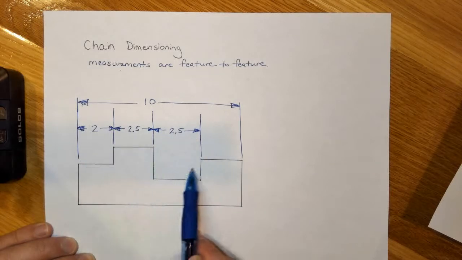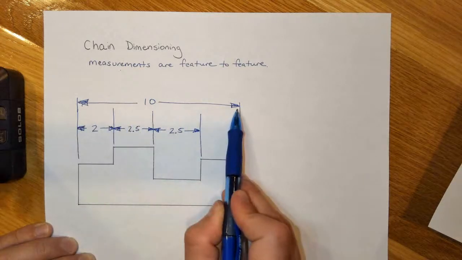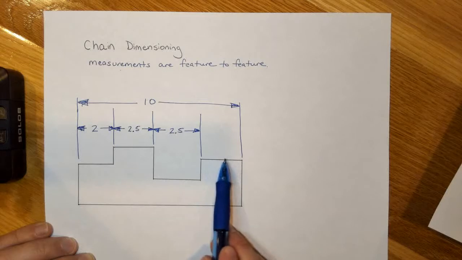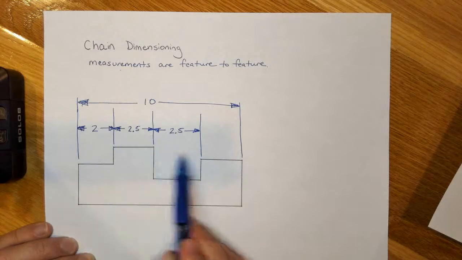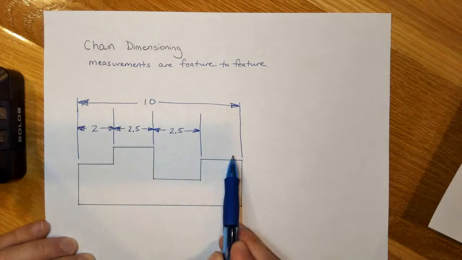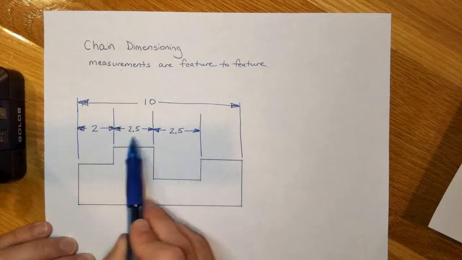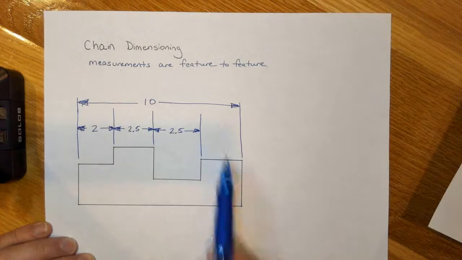Somebody manufacturing this part, if they get all of these dimensions right, and they get the overall dimension of 10 correct, then this has to be what we want, which is 3. No one needs to measure that if they've measured all of these out. This, by default, will work out to 3. So to dimension it is to really over-constrain it. These are already constraining that piece, so we don't need to duplicate the constraint.